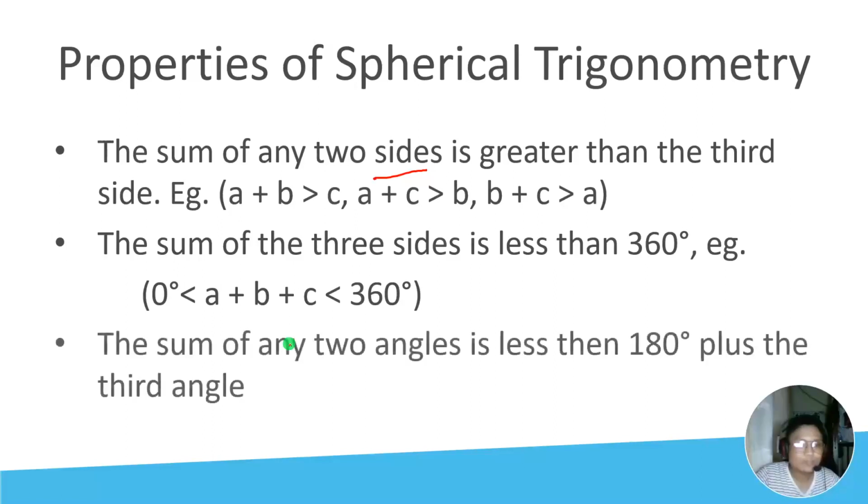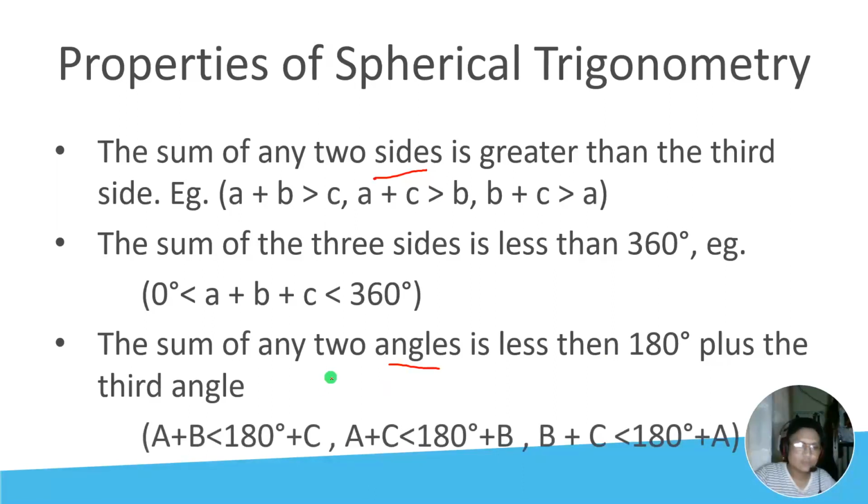Okay? The sum of any two angles is less than 180 degrees plus the third angle. So we are now on the angles, or the spherical angles, of a spherical triangle. When you add two interior angles of a spherical triangle, the sum should be less than the sum of the third angle and 180 degrees.